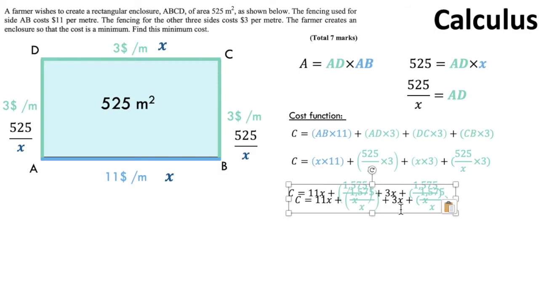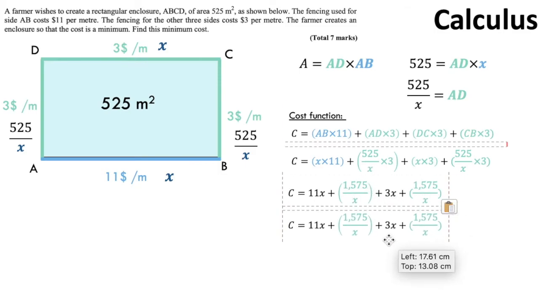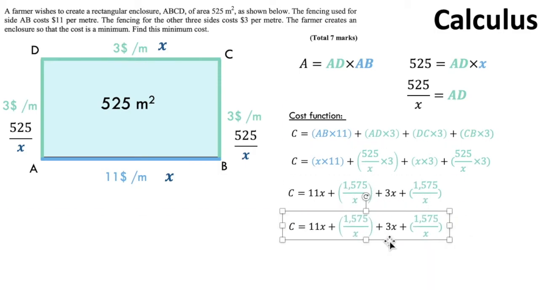Now what can we do to further simplify? You can see there are some common terms. For example, the 11x and 3x, you can add together. So 11 plus 3, we get 14x. So it would look like this. And then these two right here, because they have the same denominator, you can just add the tops.